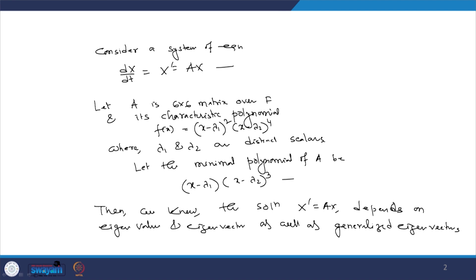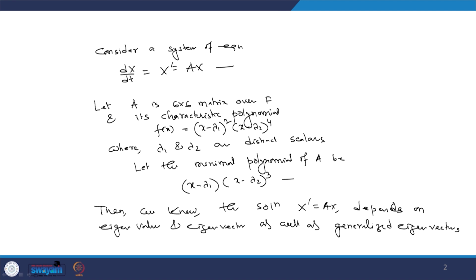Since in the minimal polynomial the factor x minus lambda 1 is linear of first degree, certainly if I consider A minus lambda 1 I, this matrix will have rank 4.